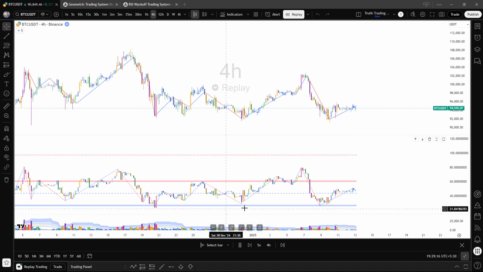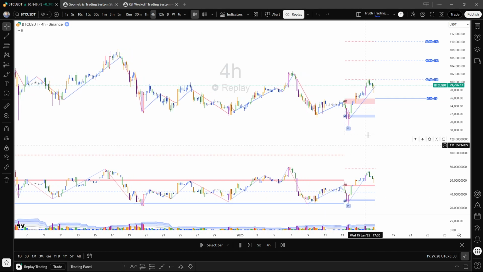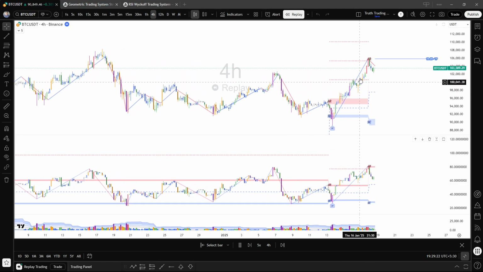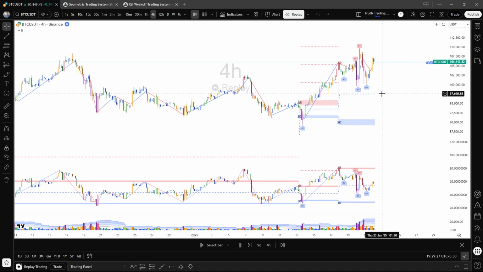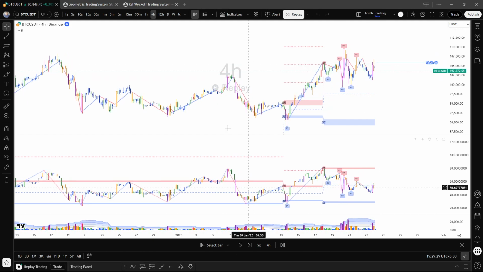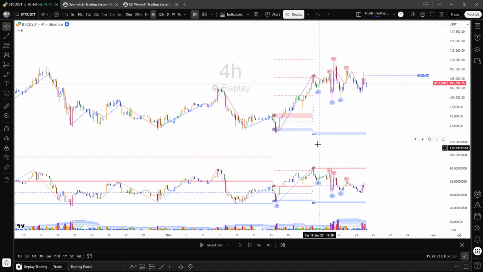You see support here, support here, support here. Right, spring made here, and then boom, it just went up. Okay, hit first target, second target. Hang on, I don't have the target yet. Do I? Ah, yeah, I do have it.